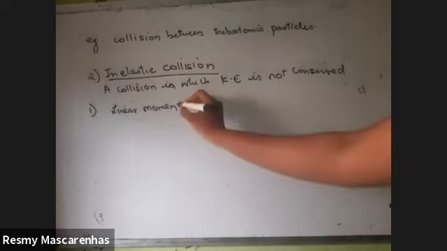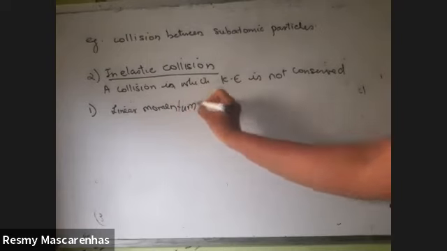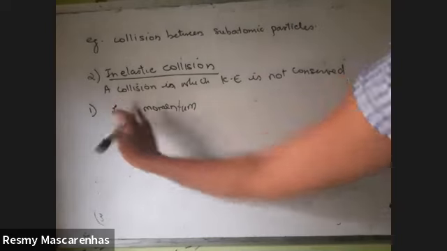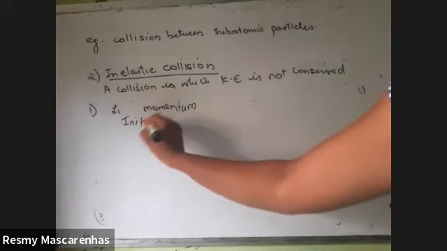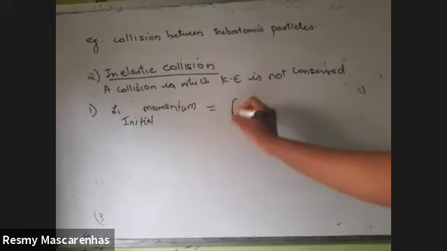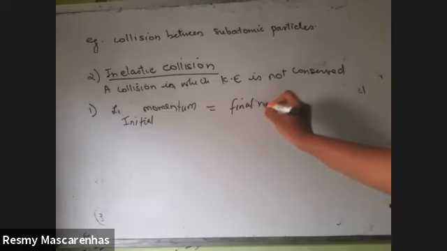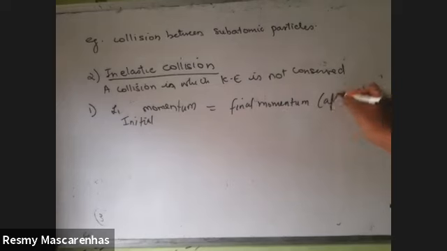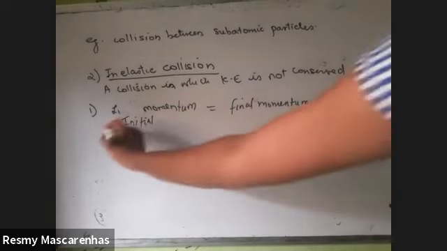So in linear momentum, initial momentum is equal to final momentum, that is, after collision, and this is before collision.